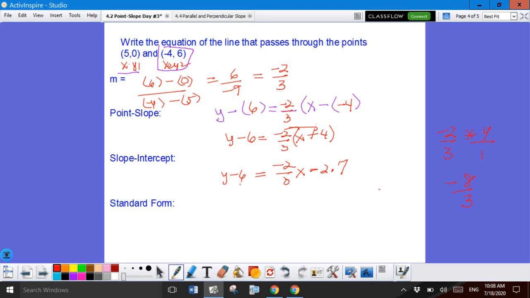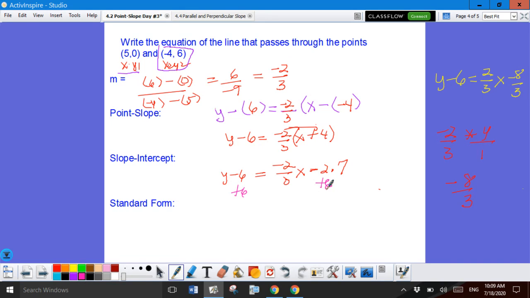Okay, negative 2.7. And we're going to come back to our equation. So I am actually going to write out the equation. Y minus 6 equals negative 2/3 x minus 8/3, because we're going to need that to get to standard form. Okay? All right, let's keep going.